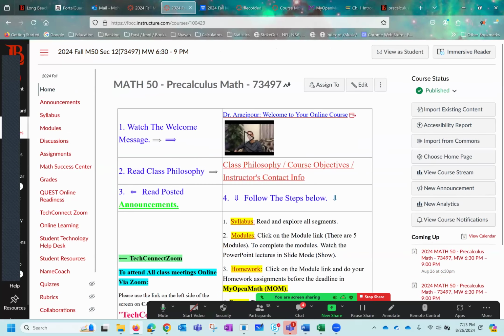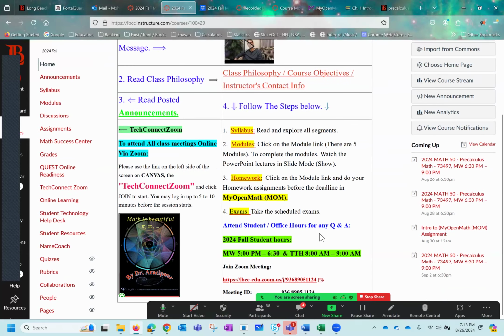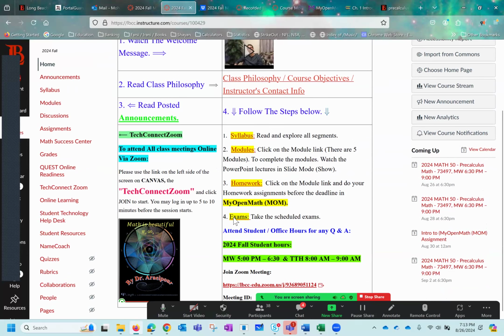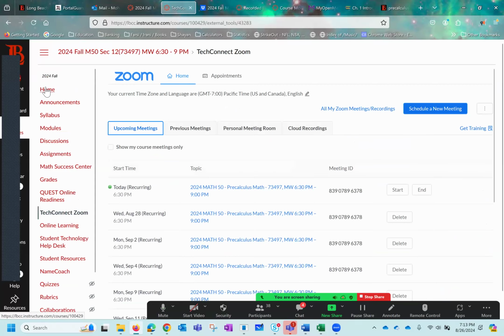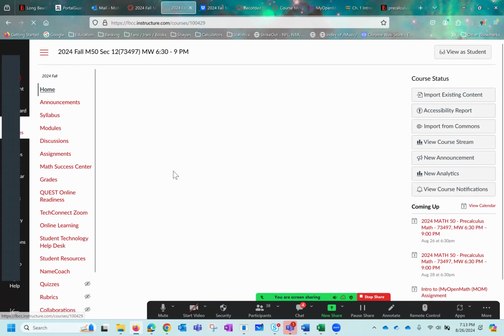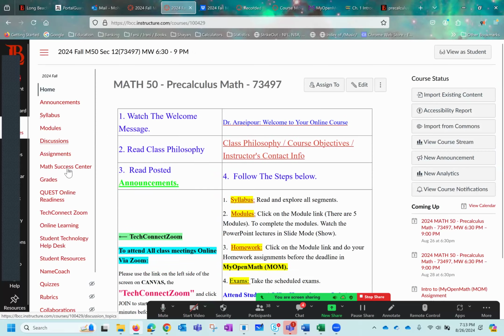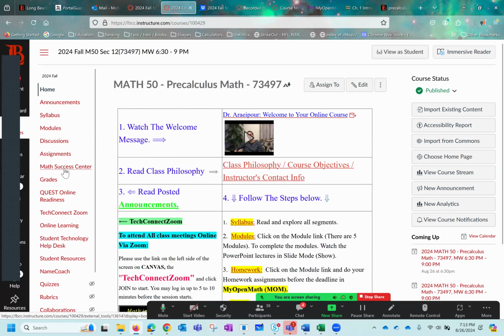When we go back to the home page, I don't want you to mix up the office hours, which is at the bottom of the home page, with the class sessions that you can find under the Tech Connect Zoom. Also, on the left navigation bar, you see this Math Success Center, everybody.